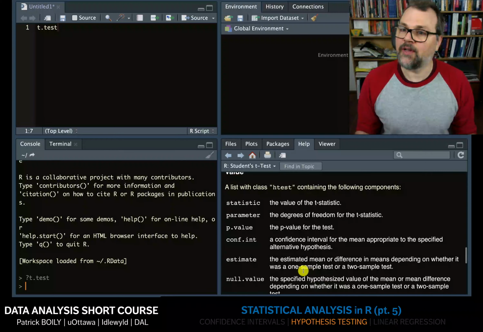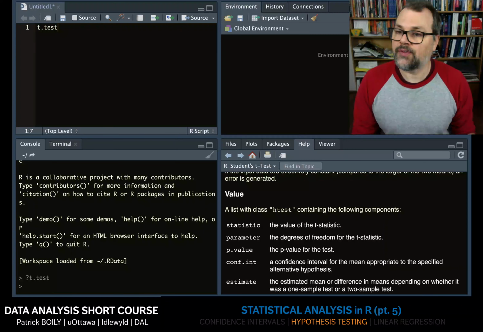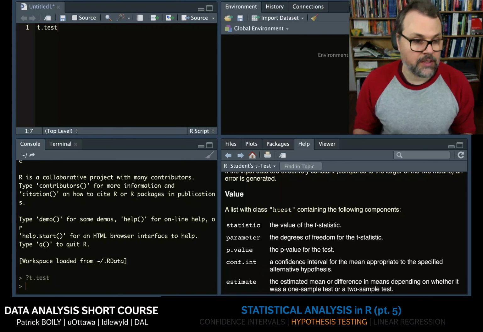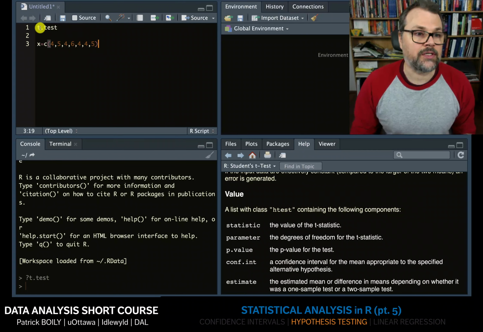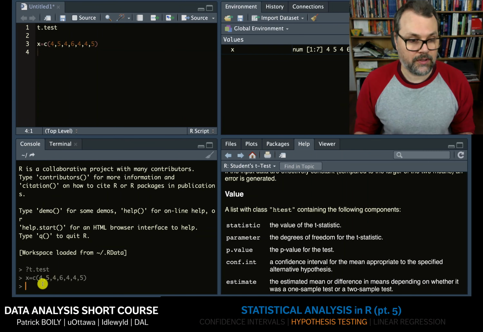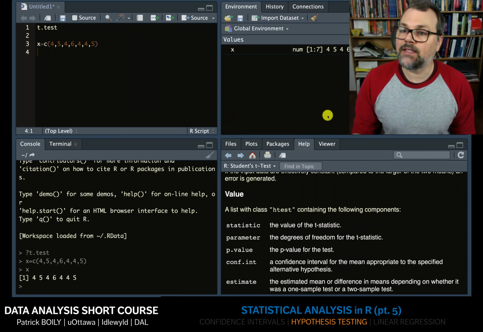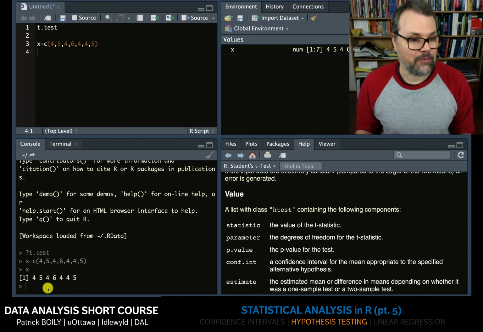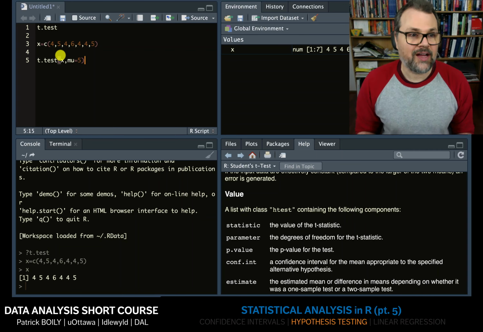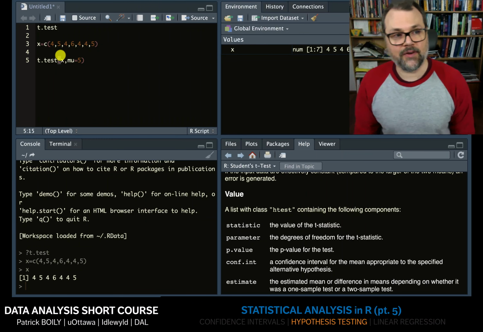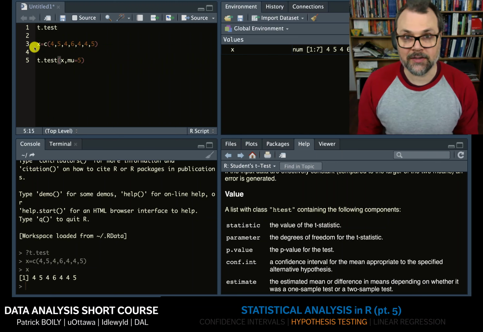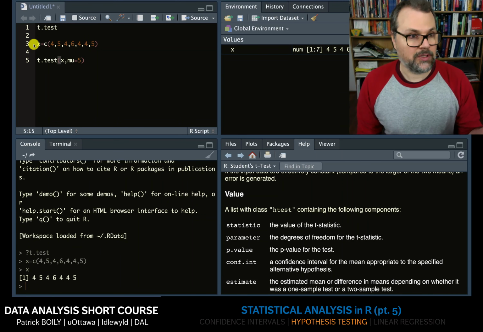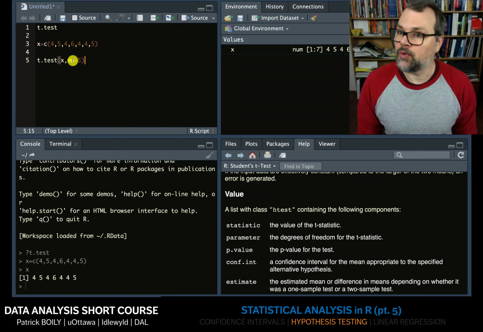I'll tell you about some of the options available to you. For the sake of an experiment, let's say that we set up a small data set X, which consists of 1, 2, 3, 4, 5, 6, 7 observations. So this is our data set X. Now, if you wanted to test for whether the true mean from which this sample was taken was equal to 5, you would call the t-test function on the set X that you have observed, sampled, collected, and you want the mu to be equal to 5.